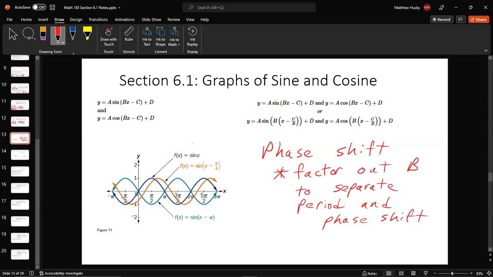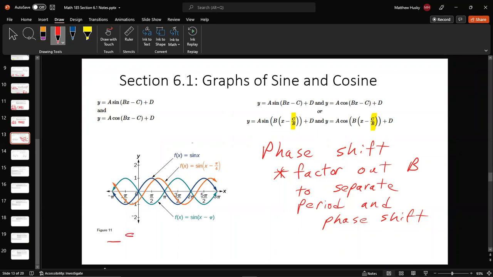So here they're telling you, basically the phase shift is going to come from the value of C over B, because you would have to factor this out.